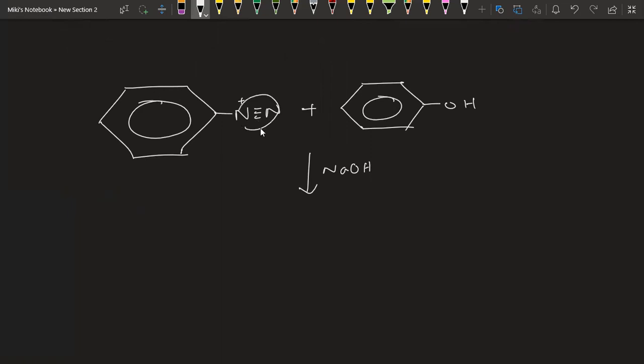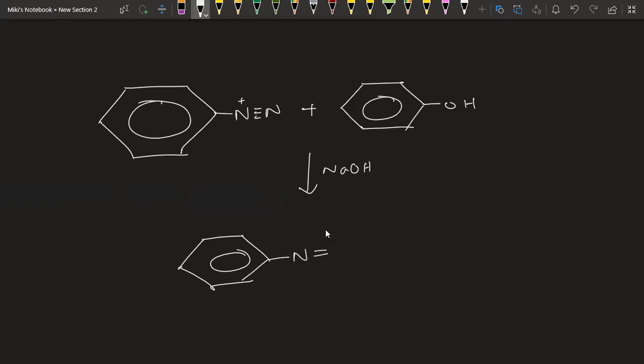One of the bonds from here breaks and disappears, as well as the charge on one of the nitrogens, forming a neutral substance. So now we have the benzene ring, then we have nitrogen.